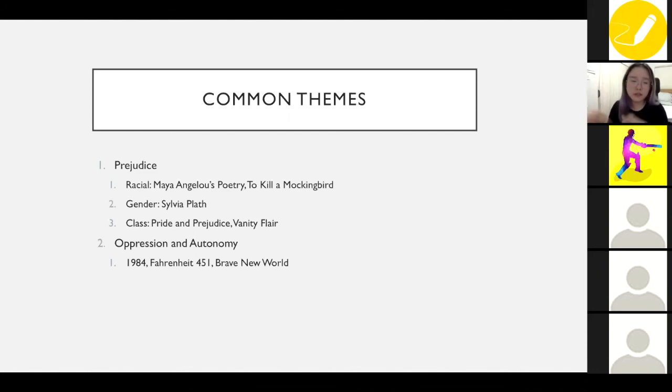Right. So this last theme that we're talking about today kind of goes hand in hand with power and corruption. Right. So again, we have 1984, Fahrenheit 451, a lot of dystopic novels. Fahrenheit 451, 1984, Brave New World. They're all dystopic fiction. Right. They all have strong themes of independence, rioting against the greater, the individual against the world.